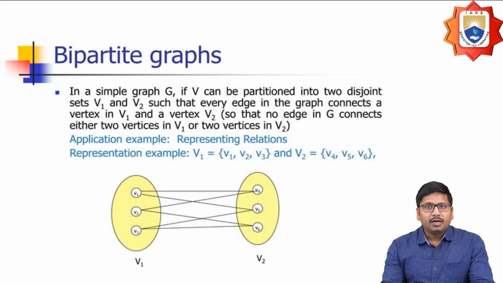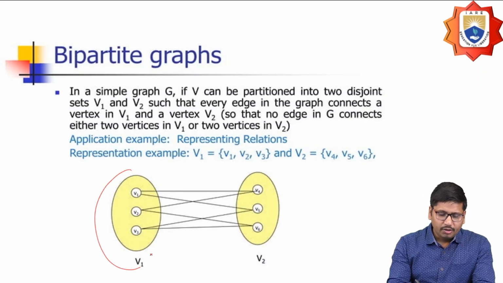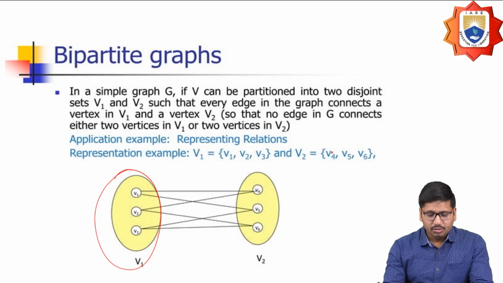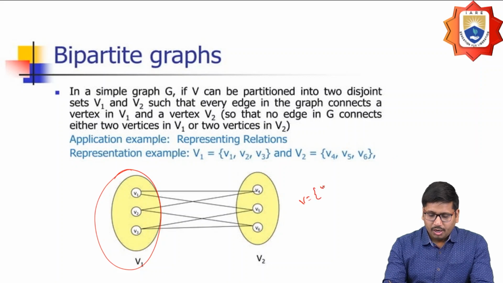And next one is the bipartite graph. In a bipartite graph, a simple graph's vertices are partitioned into two disjoint sets V1 and V2, such that every edge in the graph connects a vertex in V1 to a vertex in V2. So if I consider a vertex set, it has v1, v2, up to v6.